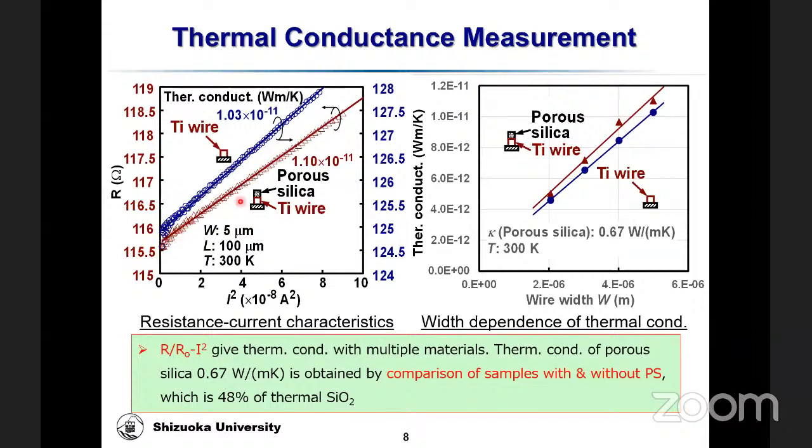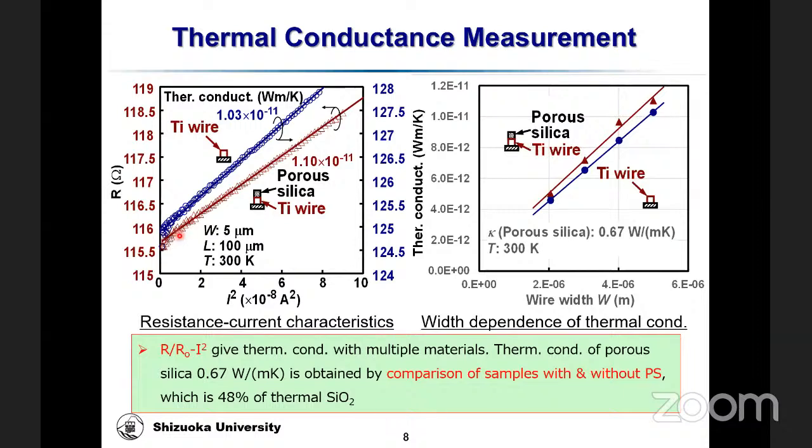Therefore, we can get a nicely straight line with respect to the square of the current. And by looking at the slope of this curve, we can find out the thermal conductance of the wire.